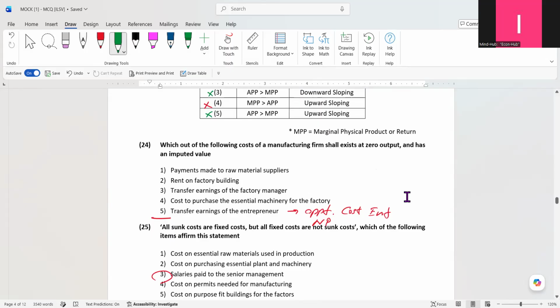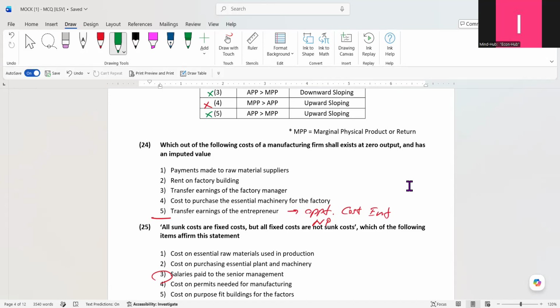24. Which of the following costs of a manufacturing firm shall exist at zero output and has an imputed value? It's there at zero output and has a what value? Imputed value. Correct answer is number 5. Transfer earnings of the entrepreneur, the opportunity cost of entrepreneurship.